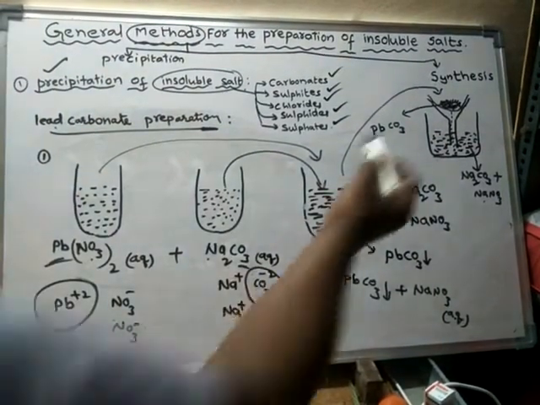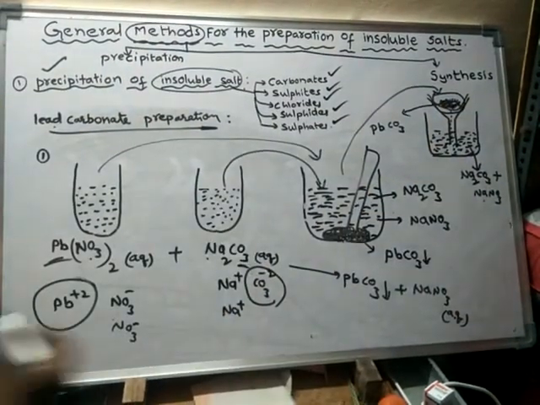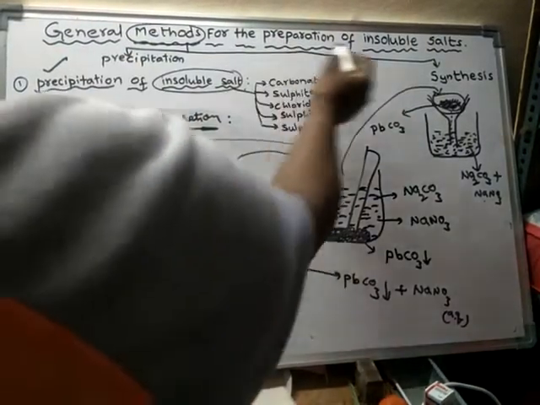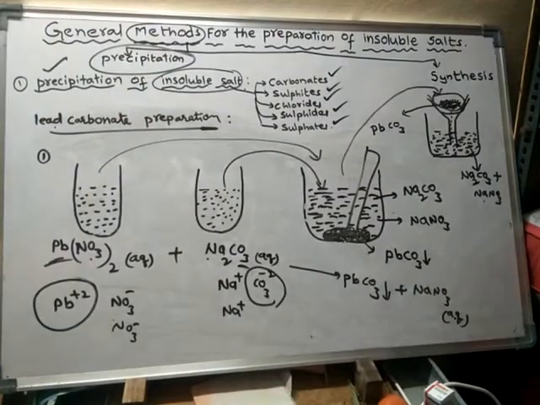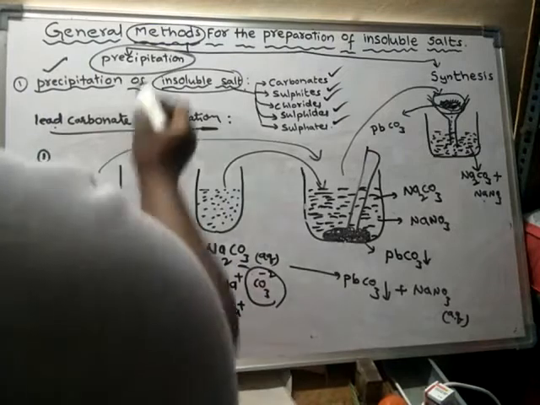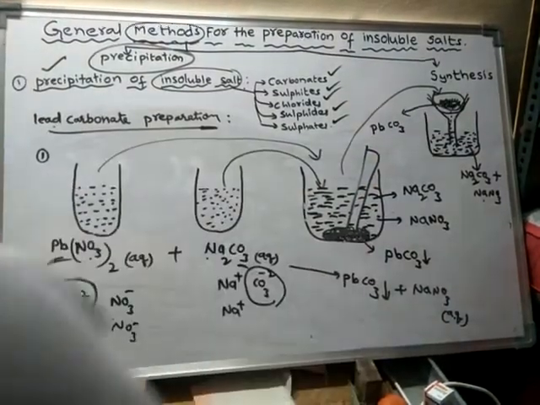Right, now we got lead carbonate. In this way we prepared an insoluble salt. This is the general method of preparation of an insoluble salt. Particularly we have learnt the precipitation method, how the precipitation method helps us prepare an insoluble salt.